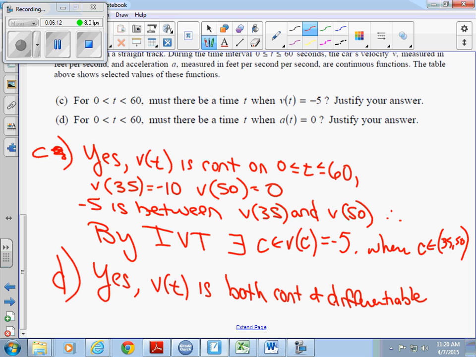Because for the mean value theorem or Rolle's theorem, not only do I have to say continuous, I also have to say differentiable. AP won't make you explain how you know it's differentiable, but just out of curiosity, how do I know V of t is differentiable? A of t is a continuous function, right? Which is the derivative. So if the derivative is continuous, it's differentiable everywhere. Good.